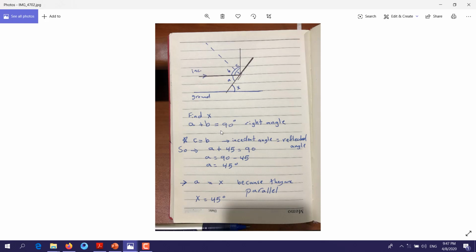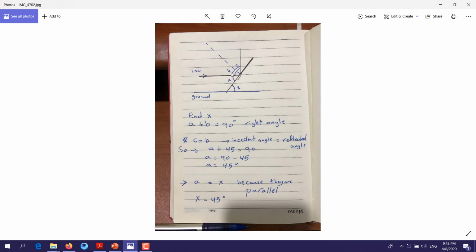So now for b, we will use this formula again, but here we will replace the letter b with the number 45. A plus 45 equals 90. Maybe you will ask where this 45 comes from. The 45 is b here.